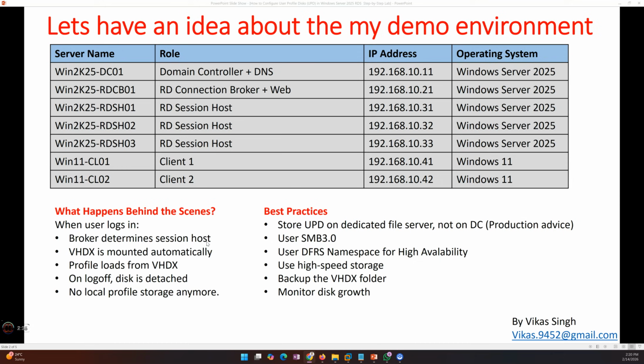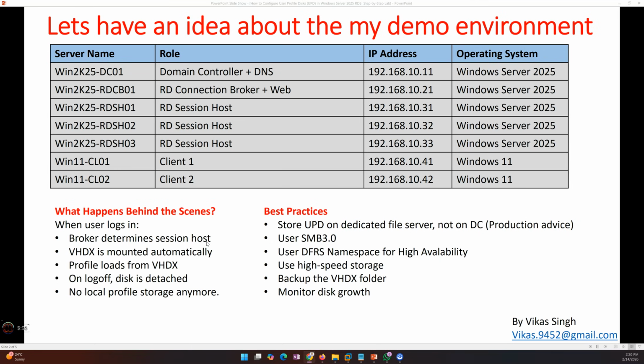Use a DFS namespace for high availability. If you are storing your UPD on a single file server, there is a chance of failure, so it is recommended to store it on a namespace for high availability. Use high-speed storage. Do not use slow or low-performance disks.